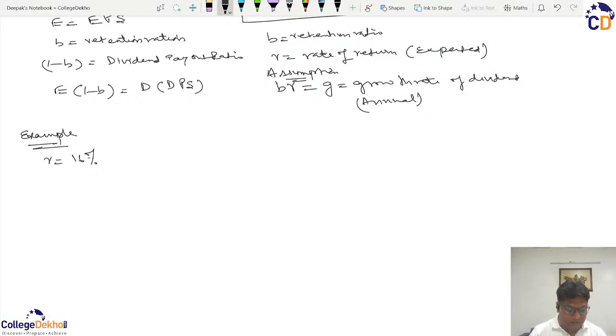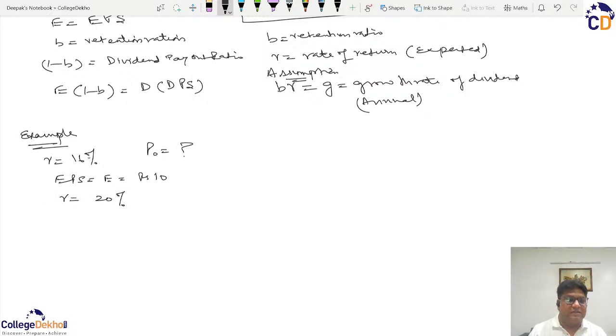Mr. Sunil has a required rate of return of 16%, that is R here is 16%. He has made investment in the shares of ABC Limited. Using Gordon's model, find the value of the share, that is we have to calculate P0, if the earning per share, the EPS, that is E, has been given as rupees 10, and the rate of return on investment is given again.